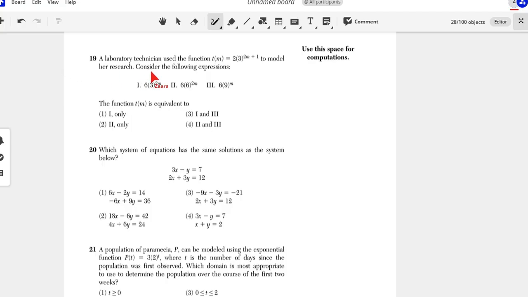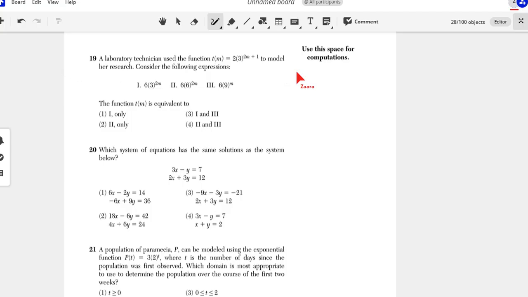Question 19. A laboratory technician used the function t of m equals 2 times 3 raised to the power of 2m plus 1 to model her research. Consider the following expressions. The function t of m is equivalent to.